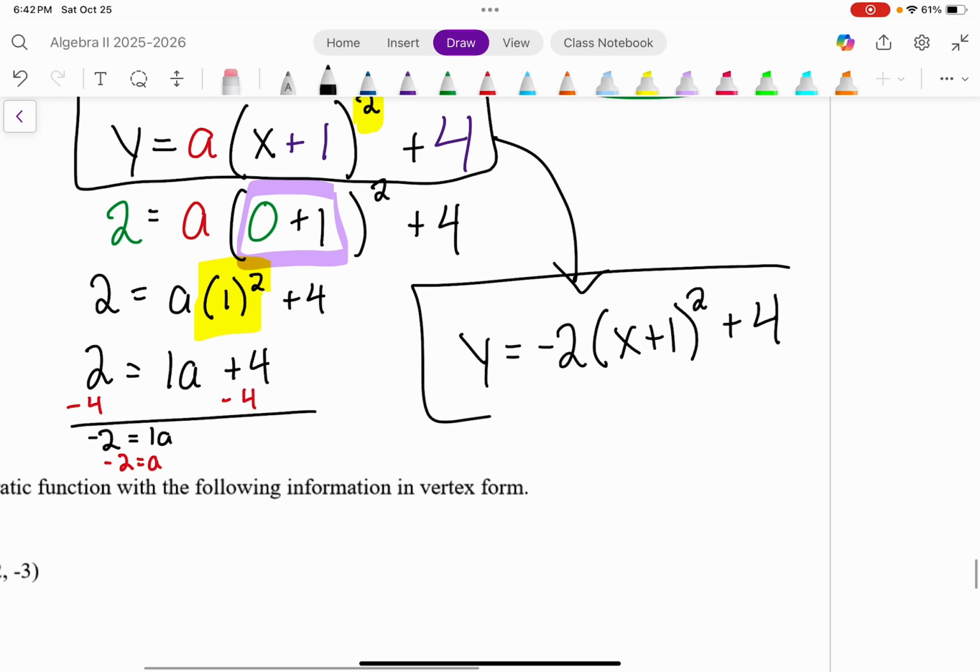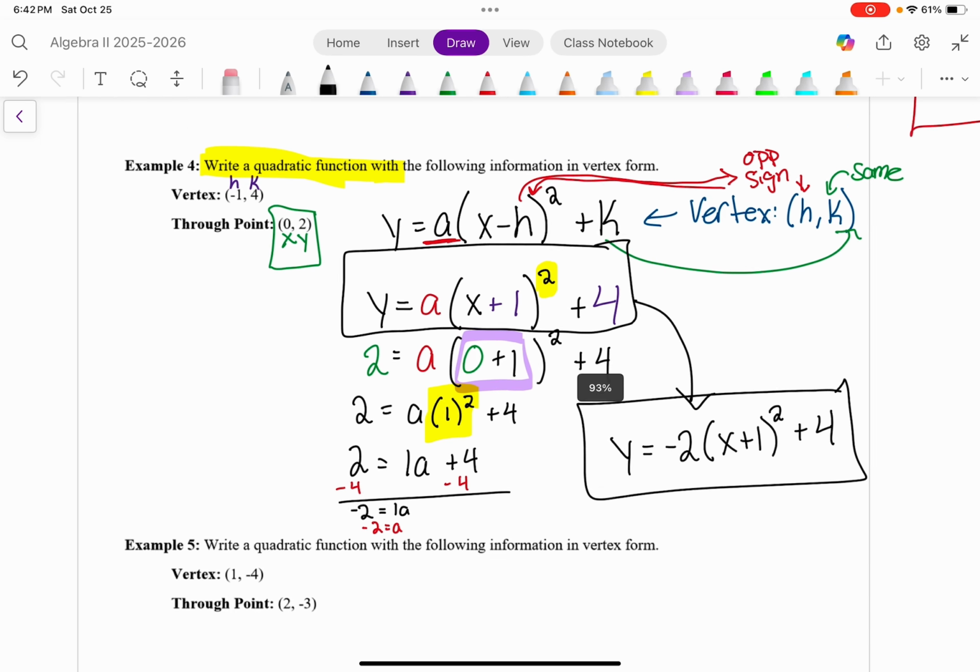So your final equation should have an x and y in it because it should look like an equation that you could be asked to graph, or you could be asked to find an output or an input or to find the vertex and stuff. So that is what they're asking you for, an x and a y in the quadratic equation.